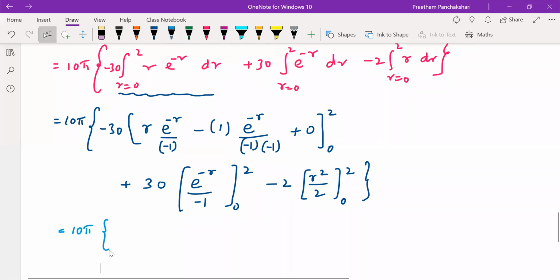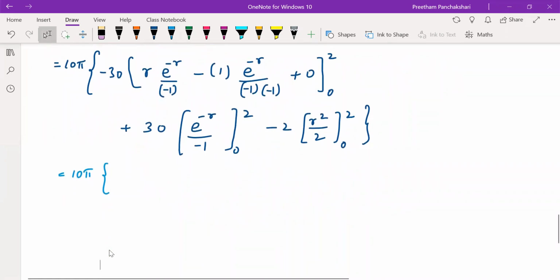10 pi. First, we shall apply the upper limits, that is r equal to 2. 2 e power minus 2 divided by minus 1.